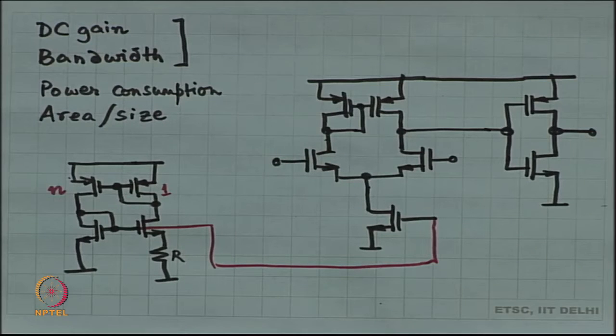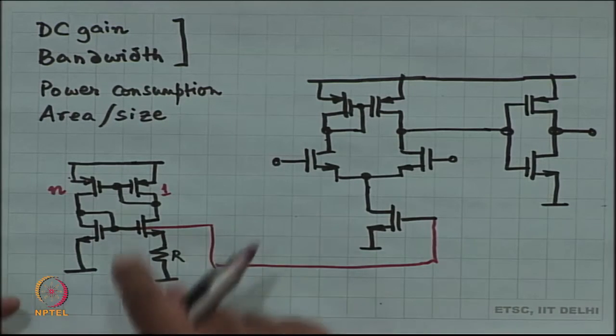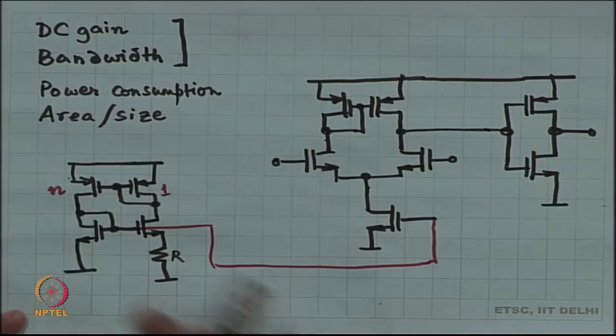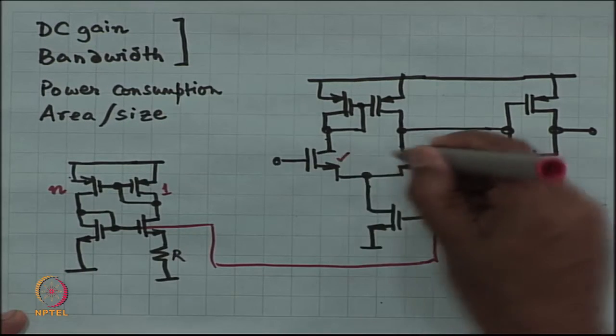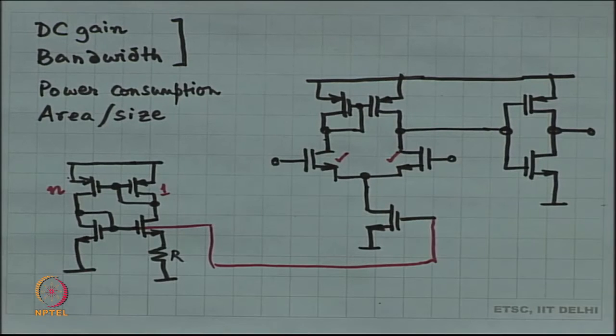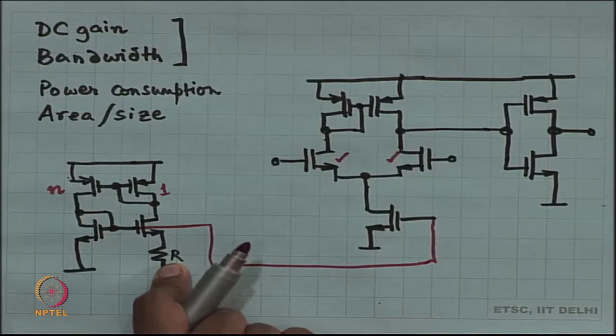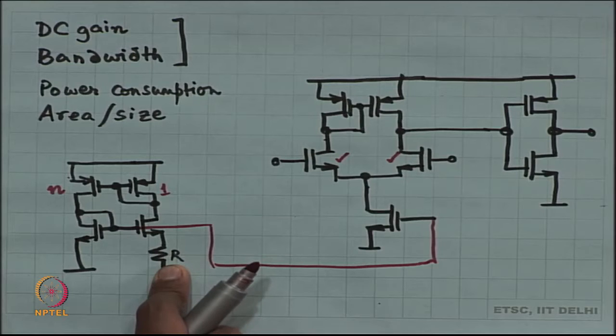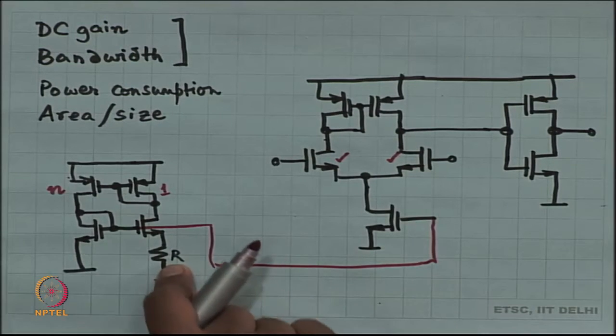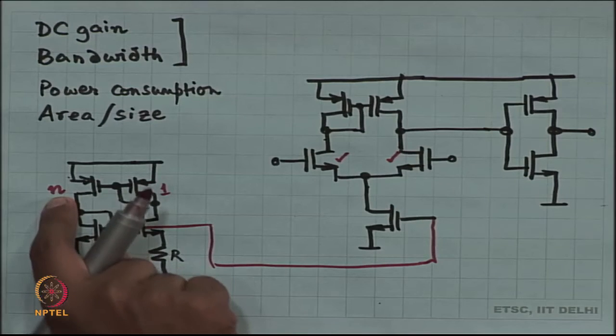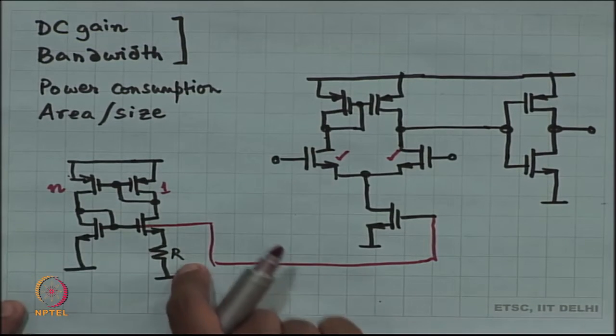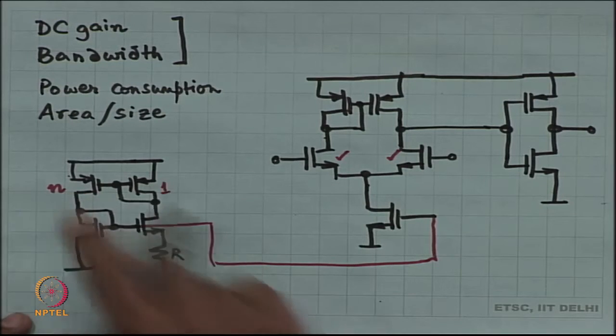This is actually a very useful small little circuit, and the result is that the GM of these two devices is going to be proportional to 1 by R. It is going to be related to R and the value n, 1 by R and something to do with n.